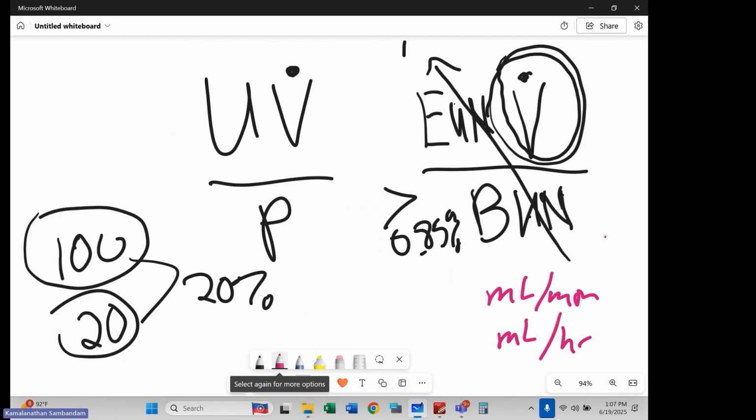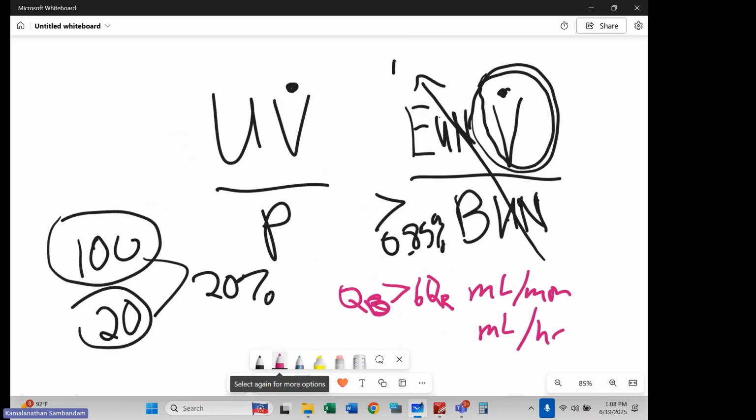If I want to make sure that QB is greater than 6 times QR, the replacement fluid flow rate, it's actually easy math, okay? The net mathematical operation is simply drop a 0 from your blood flow rate, okay?